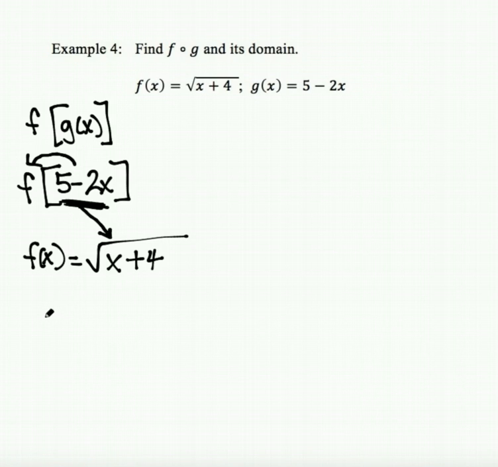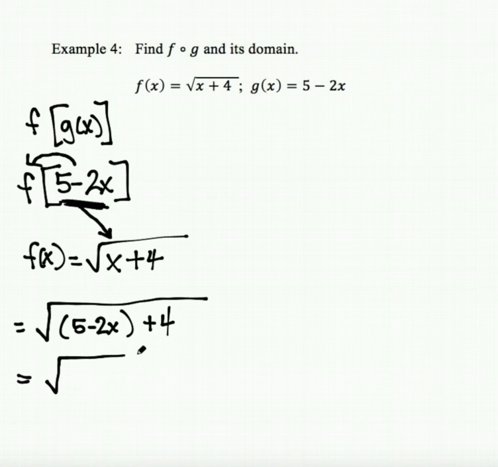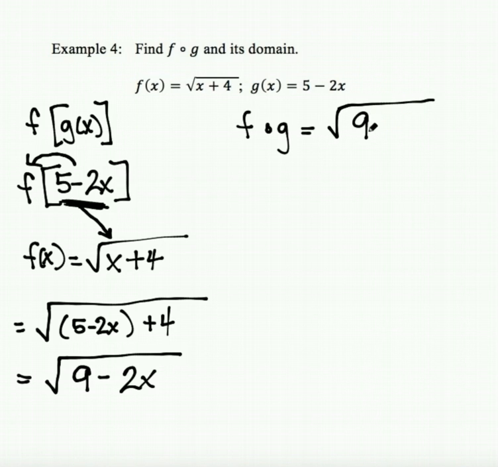That gives me the square root of 5 minus 2x plus 4. Now when I simplify that, 5 plus 4 is 9, so 9 minus 2x. So my composite function f of g is equal to the square root of 9 minus 2x.